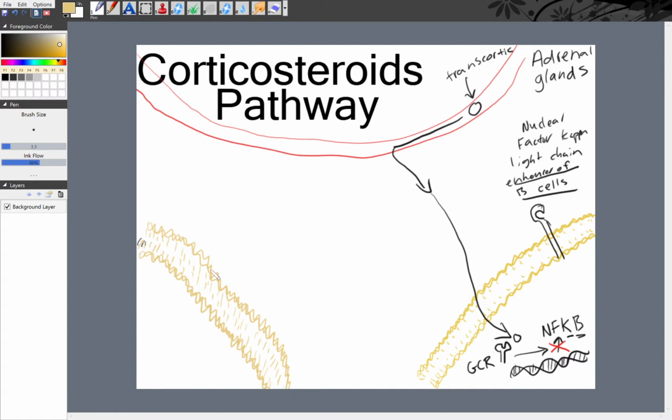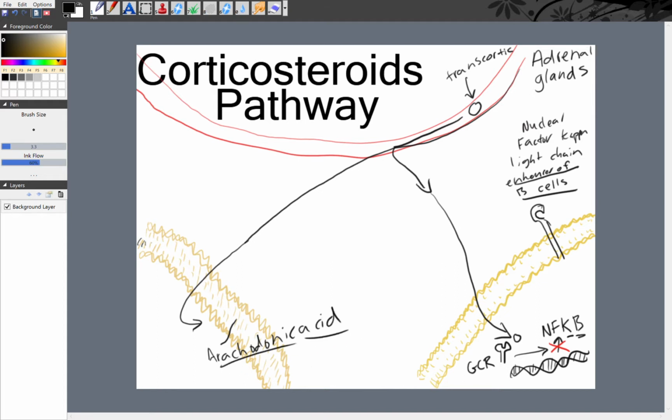Okay, so this is a lipid bilayer, and now we're going to switch to black because this is another pathway. This transcortin coming from the adrenal gland is also going to take a trip over here, and when it does, it's going to act on this lipid bilayer, which has esterified arachidonic acid. Terrible handwriting.